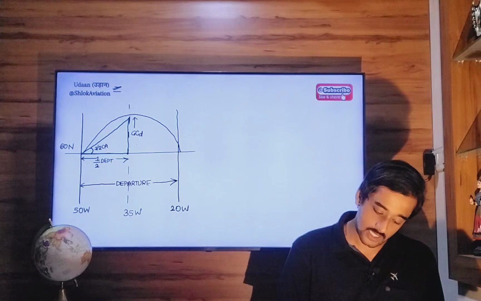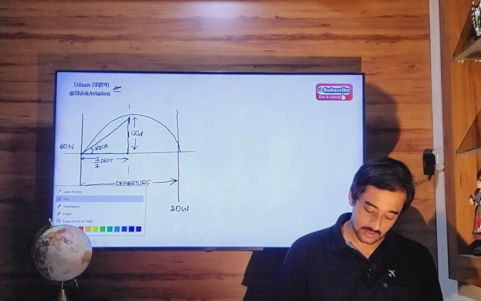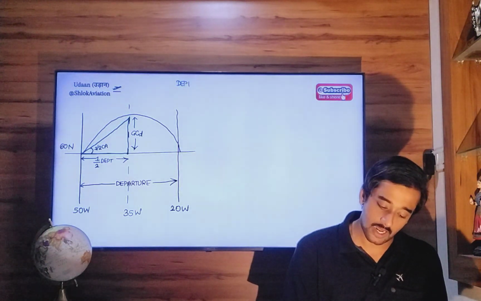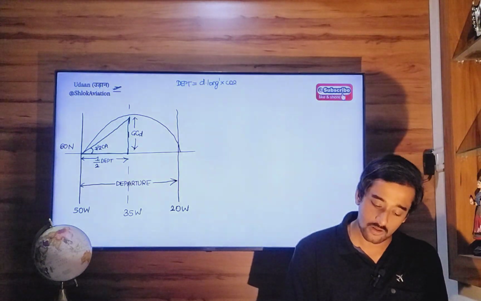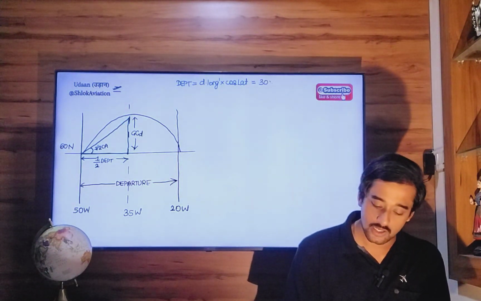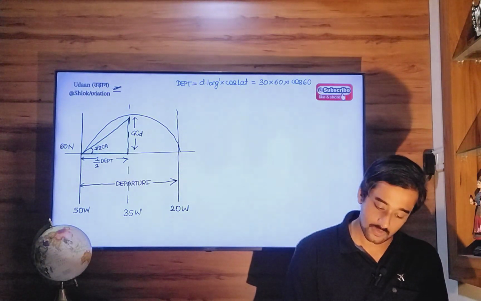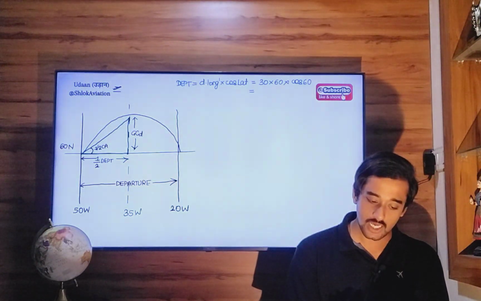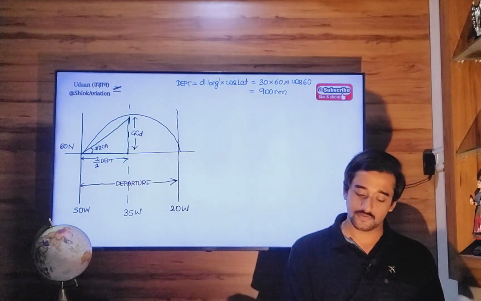This distance is the great circle distance. Okay, so step 1, find departure. Departure, which is equal to rhumb line distance, is D long in minutes into cos lat. Now D long between 20 west and 50 west is 30 degrees. So 30 into 60 into cos 60 is 900 nautical miles, right?